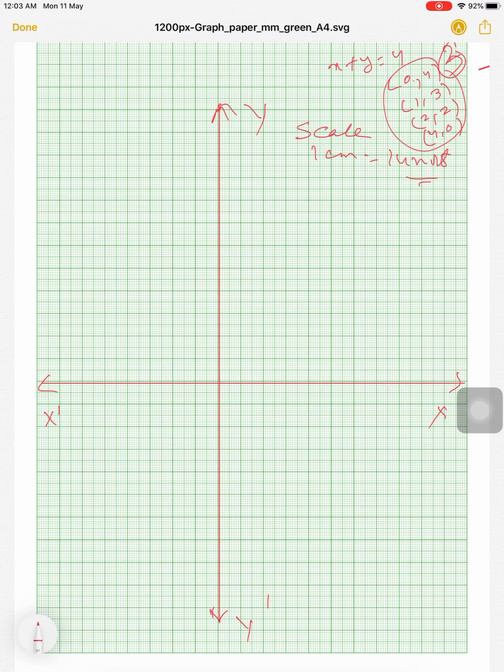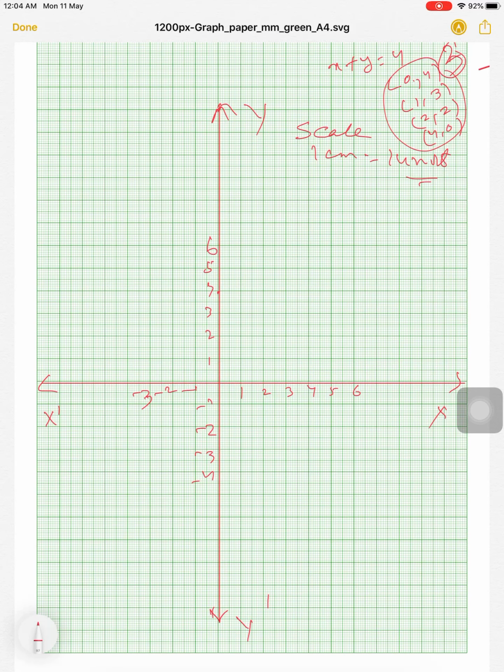Now 0, 4. If I want to find 0, 4 here, I have 1, 2, 3, 4, 5, 6, minus 1, minus 2, minus 3 like this, and 1, 2, 3, 4, 5, 6, minus 1, minus 2, minus 3, minus 4 like this. So I want to put 0, 4, and where is 0, 4?